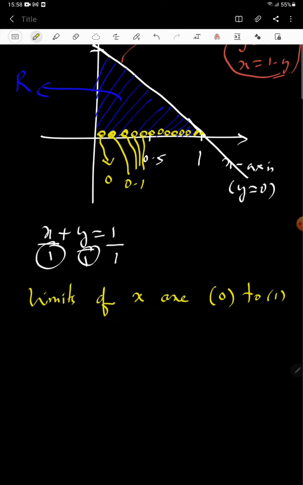But one thing: take this point, that is 0.9. When x is 0.9, y can go only up to this height.